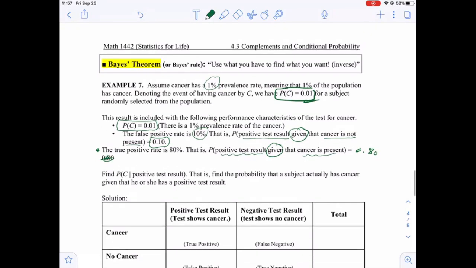Now the question is, what is the probability of getting someone who has cancer given that the result is positive? So we want to find the probability of having someone who has cancer given that the result is positive.